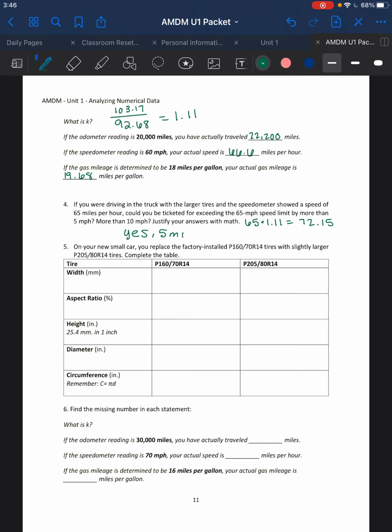Then would you get more than 10 miles an hour over? No. When you subtract 72.15 minus 65, you get 6.15. So you wouldn't be going 10 over, but you'd be going a little bit more than 5 over. So you would get ticketed for 5.